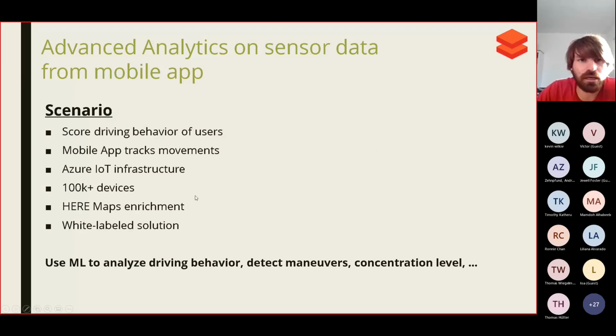The next scenario is providing an analytics platform for a data science team, which was analyzing driver behavior of users. So they developed an app. It was an insurance company. They developed an app that you can install on your mobile device, and whenever you're driving with your car, you just start the app, or it actually starts automatically, and it tracks your behavior.